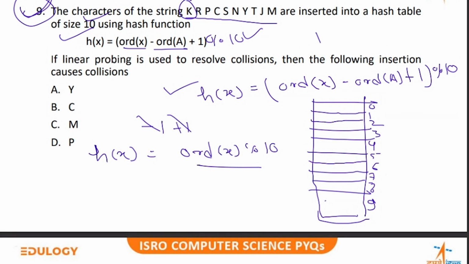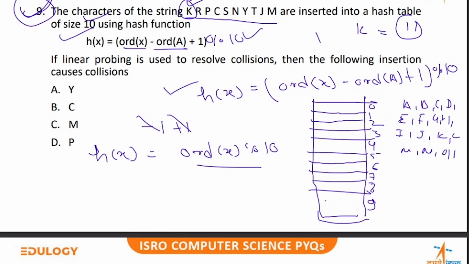The position of k is maybe 11, right? A B C D E F G H I J K L M N O P Q R S T U V W X Y Z. This is the entire position of each and every alphabet.